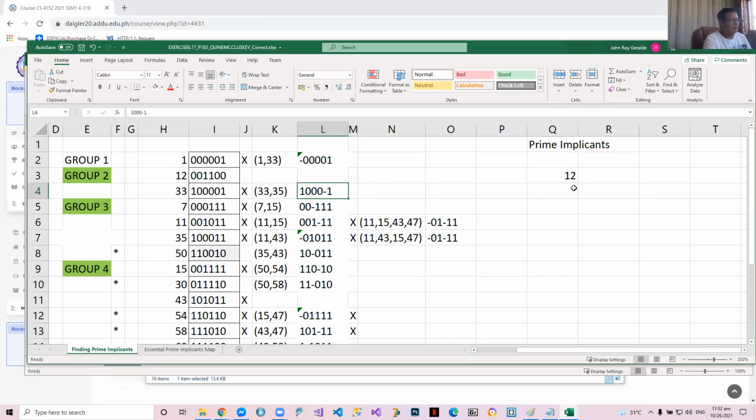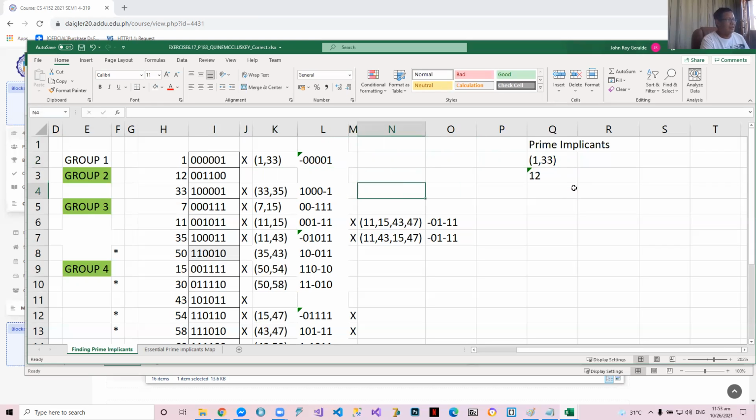Okay. 133 is a prime implicant. Sige, gawin na lang natin ganyan. 12, no? 133, walang X, oh. Diba? Ibig sabihin, hindi siya na-merge. 12 is not merged.